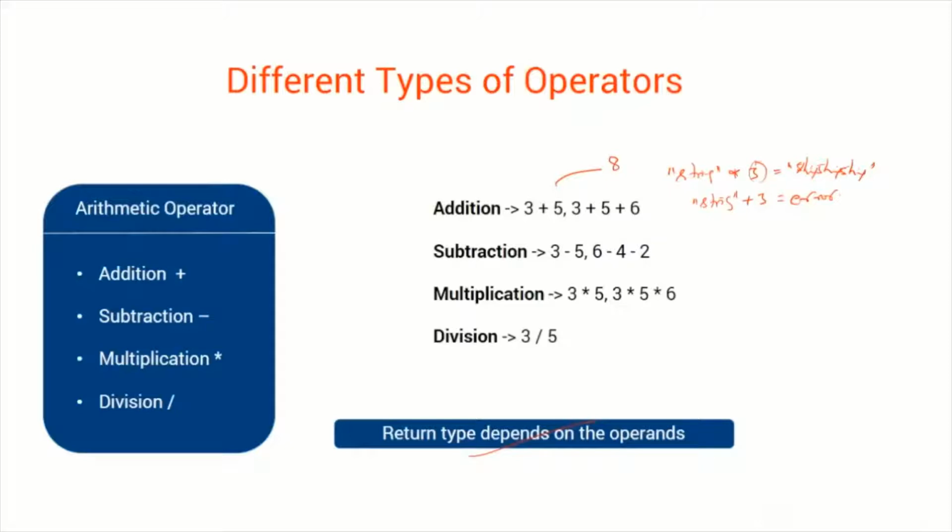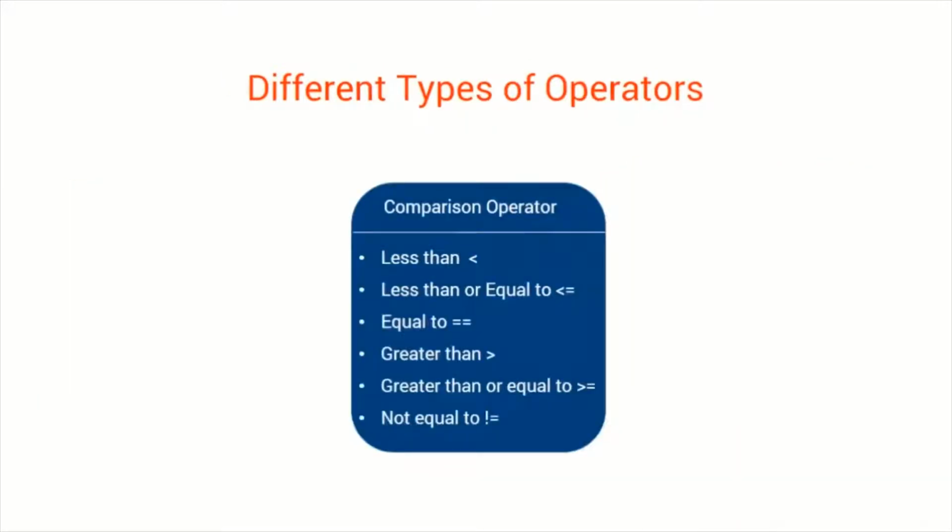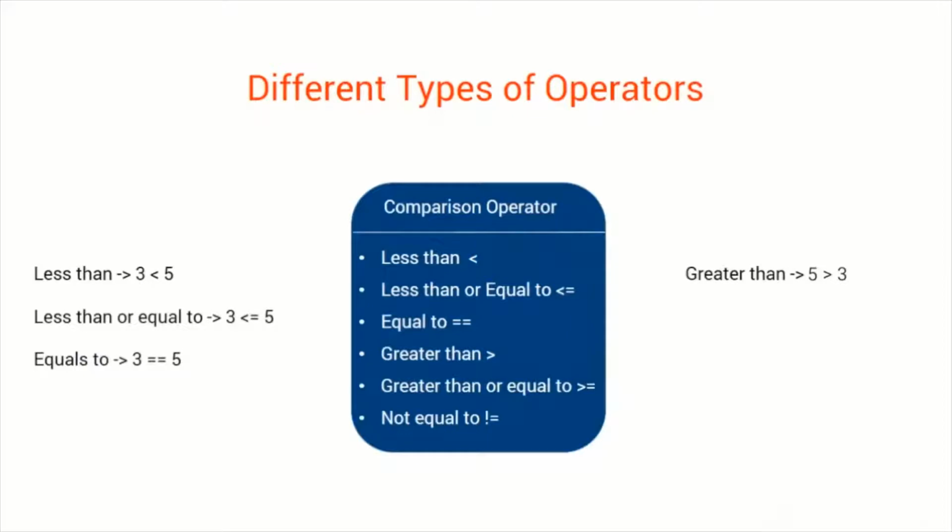Now let's move on to another type of operators, that is comparison operators. There are different kinds of comparison operators, like less than operator, less than or equal to, greater than or equal to, and not equal to. So basically these comparison operators return an output based on one of these operators.